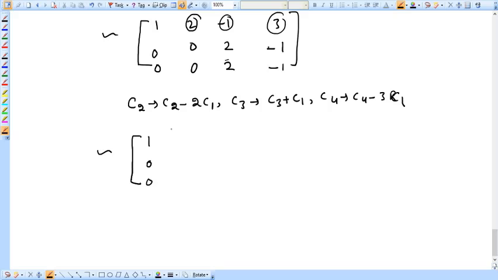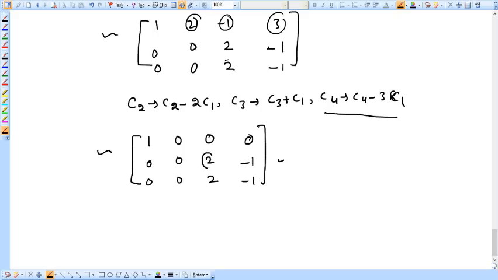Now 2 minus 2 is 0, 1 minus 1 is 0 again, 3 minus 3 is 0 again, because the third operation is C4 minus 3 times C1. So now all these elements have become 0.